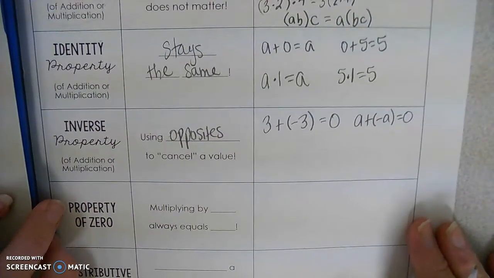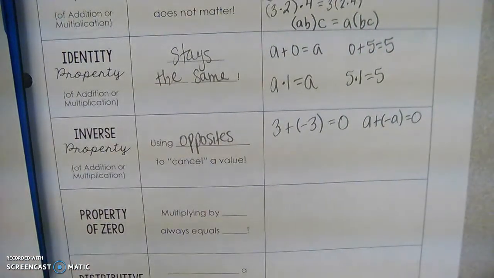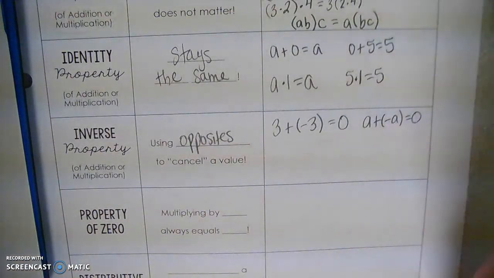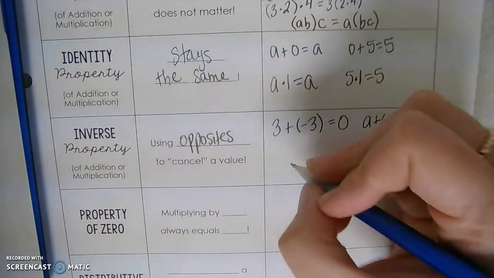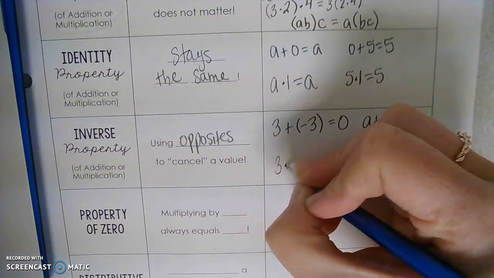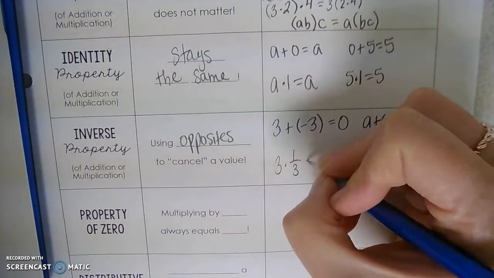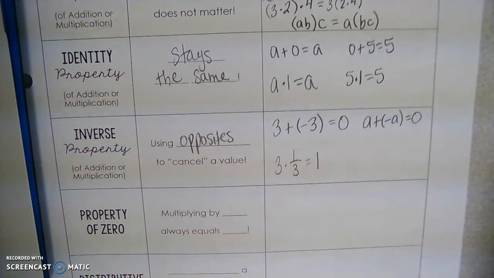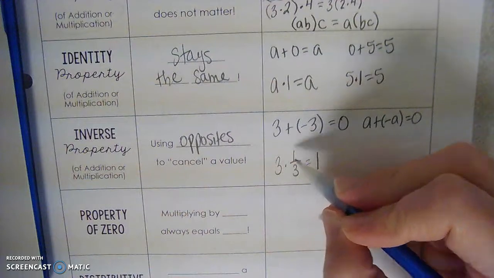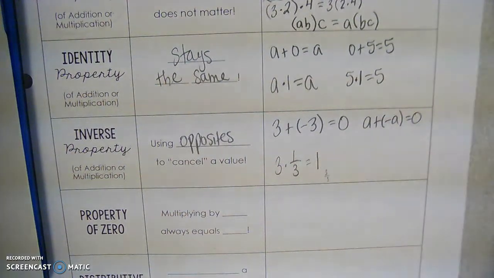For multiplication, usually we would think to do division, but we're going to use multiplication. So 3 times 1/3 gives us 1. The reason is you can do 3 times 1, which is 3 over 3, which cancels to 1.